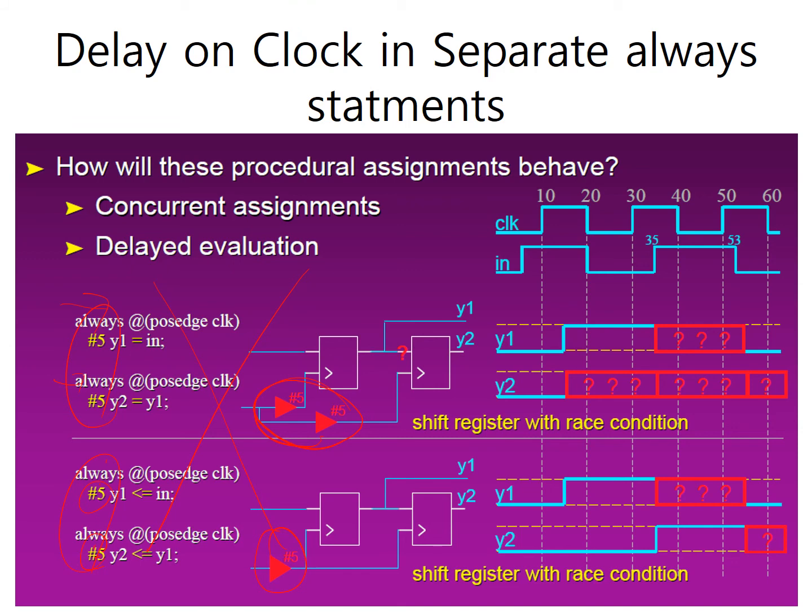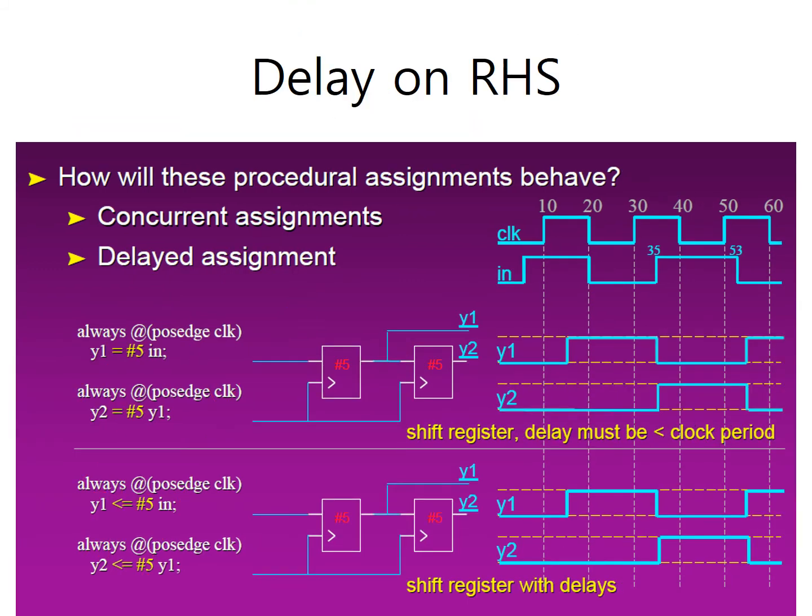If you really want to make things work, you can put the delay a different way. For a 5 nanosecond clock to Q delay representation, if you use a blocking statement here, you must use 5 nanoseconds inside here.